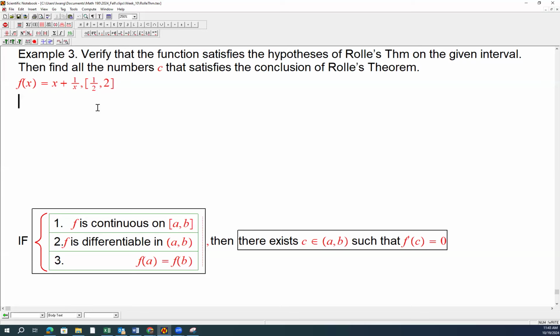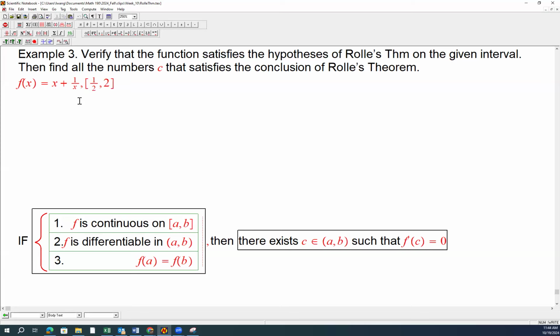So once again, we're going to check the conditions. The domain of this function is not all real numbers, x cannot be 0. However, the interval of our interest does not include 0, right? So we don't have any problem with continuity and differentiability in the given interval.